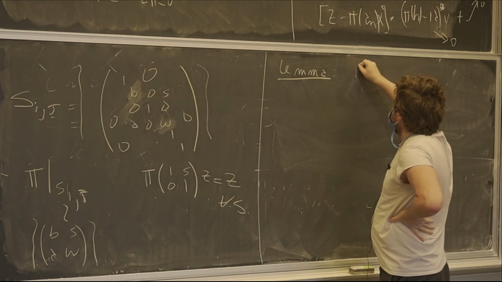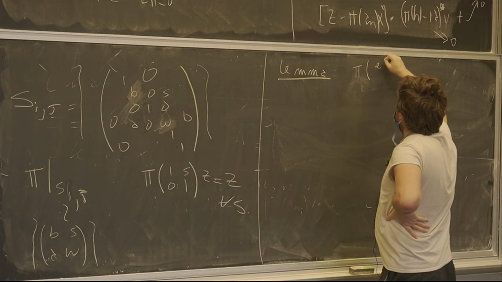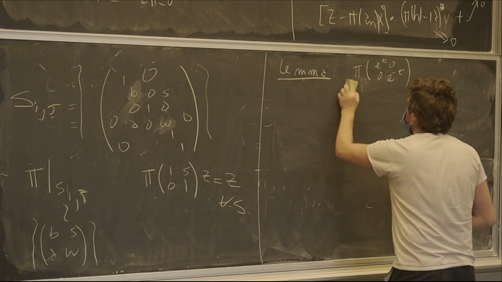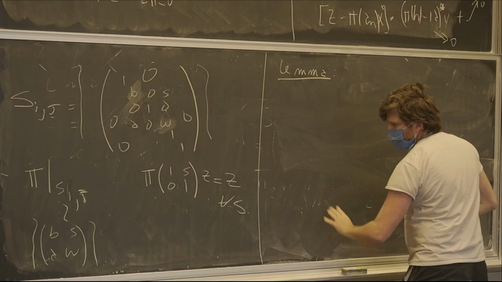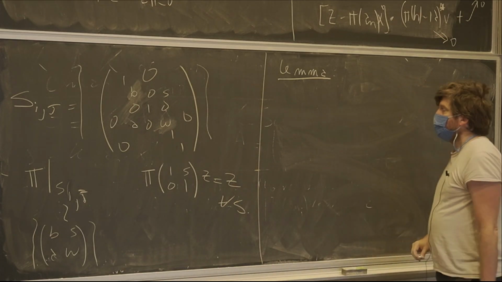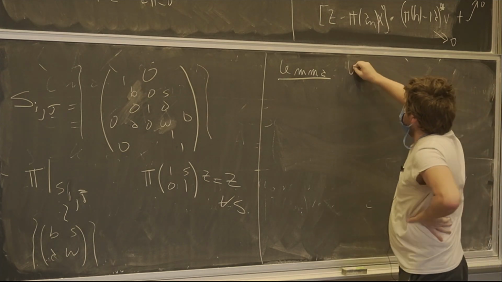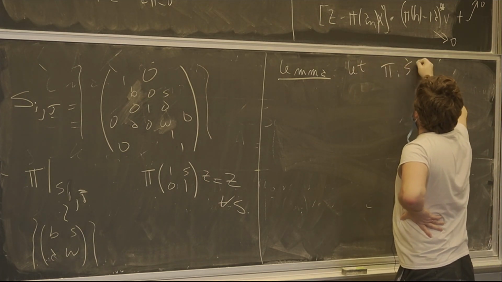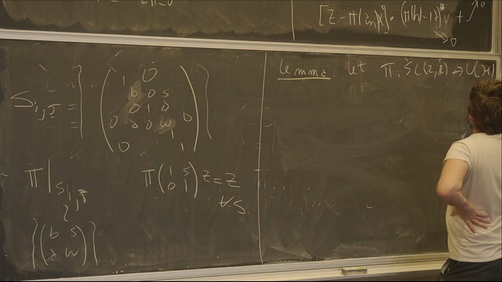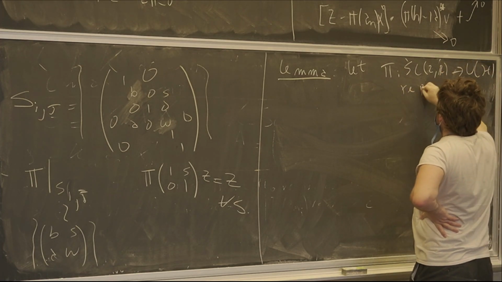Is pi of e to the t, e to the minus t. Okay, let me just write it completely abstractly, since it will be simpler than keeping the notation. So let pi be a representation.